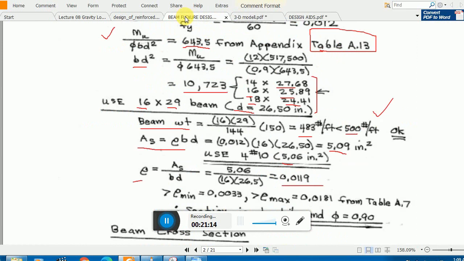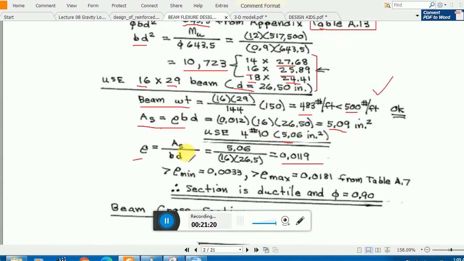The equations which I already shared with you: 200 divided by fy, or 3 root f'c divided by fy. From that equation you get this one, 0.00. We already know that for grade 60 and 4000 psi concrete you have this much as the lower value of your rho minimum. Rho max is basically from table A7.